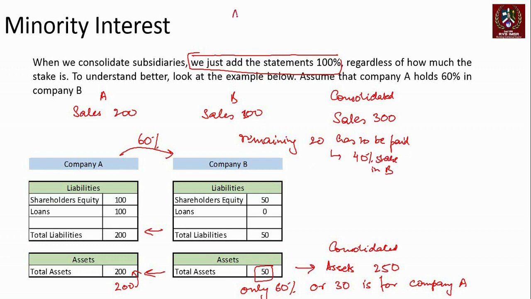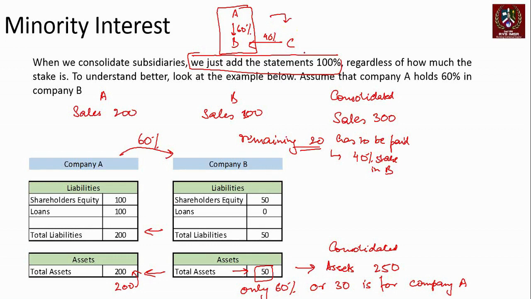If A holds 60% in B and C holds 40% in B, subsidiary-wise consolidation will happen of A and B. But this remaining 20 crore, out of the total asset size of 50, which is 40% of 50, has to be paid to C if and when this company gets sold, right?